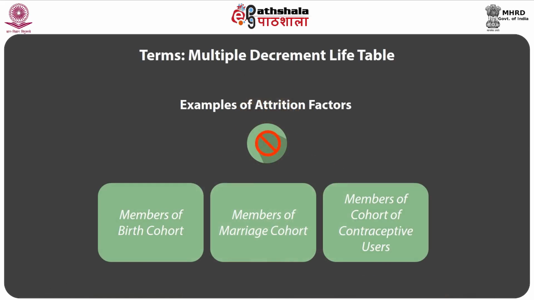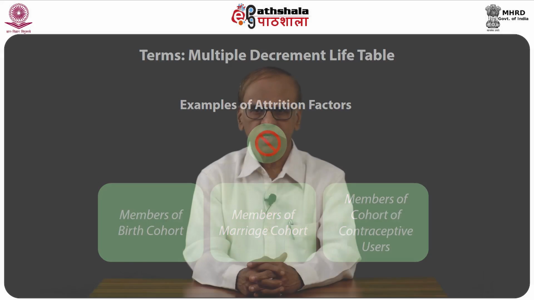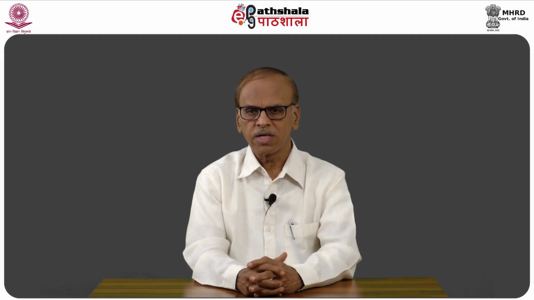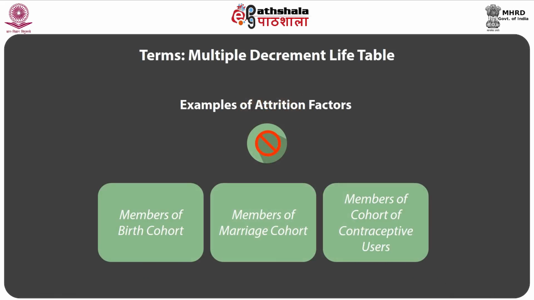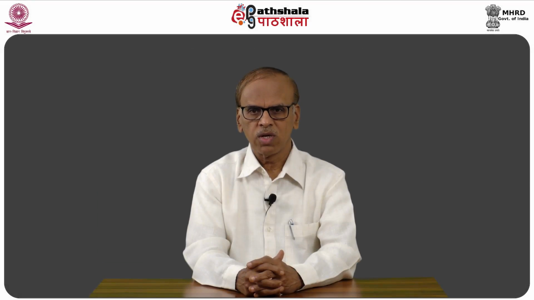Members of a marriage cohort lose their membership in the cohort by marital disruption, either by separation, divorce, or death of a spouse, widowhood. Attrition factor example: members of a contraceptive cohort lose their membership in the cohort by stopping use of the method for various reasons, for example, accidental pregnancy, plan to conceive, medical reasons, loss to last follow-up, or method failure.